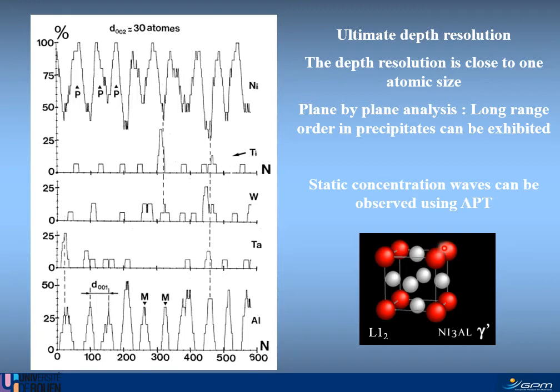And again, you've got a mixed plane containing aluminium with a concentration close to 50%. So clearly, the L12 phase can be described by a static concentration wave that shows a mixed plane, aluminum enriched planes, with nickel enriched planes, aluminum enriched plane, and so forth.